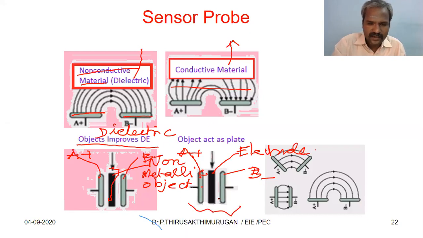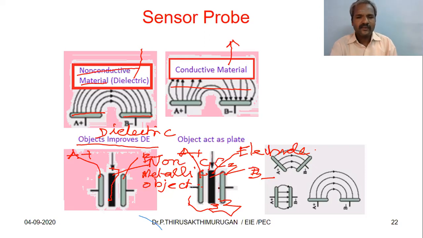Two electrodes were already there, one, two, then this third also acts as an electrode. So what happened? The capacitance increases. Between this A plus and this there is a capacitance, say C1. Another between this and this, another capacitance occurs, that is C2. So this is the basic concept in the probe.